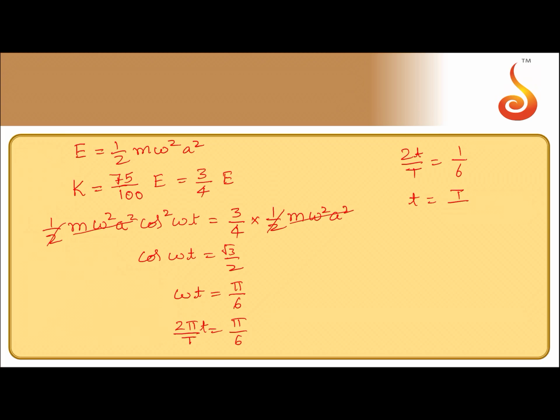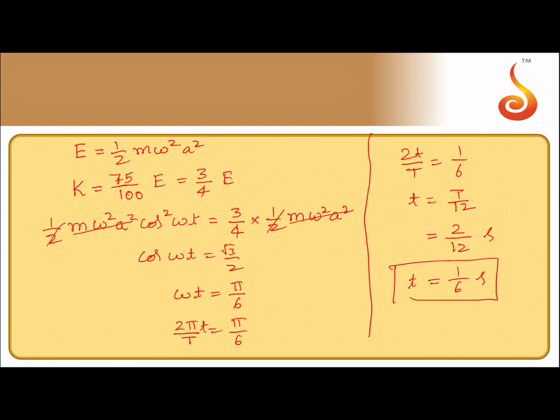So t is equal to T divided by 12. So T is given, it is 2 seconds. So it is 2 by 12 seconds, that is equal to 1 by 6 seconds. This is the time at which the kinetic energy becomes 3/4 of total energy. So that is option B.